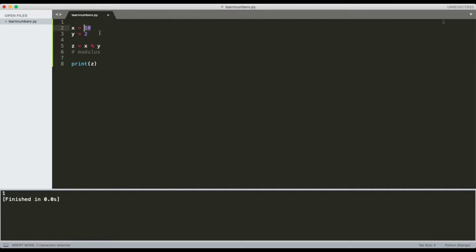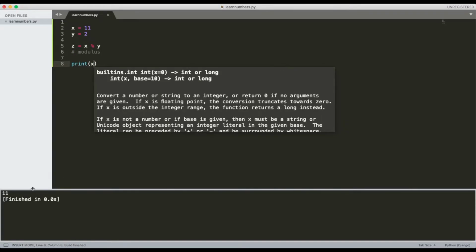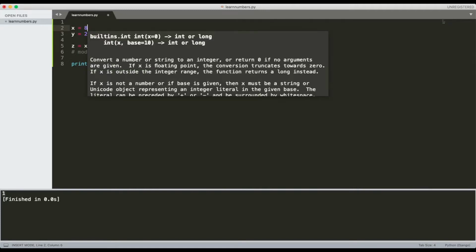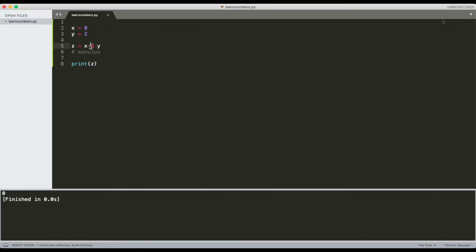In contrast, if we have an odd number divided by 2, we will always have a remainder of 1, because that's just the nature of division and remainders. So if we did 11 modulus 2, and say we didn't know what x was, we just wanted to check if x was odd or even. If it comes back as 1, we see that it's odd. If it comes back as 0, we see that it's even. So this is a very common use case for modulus. But there are, of course, other uses too.